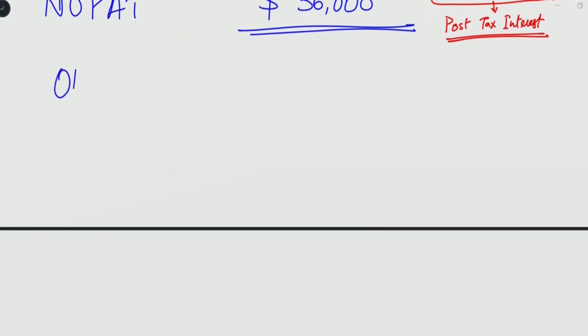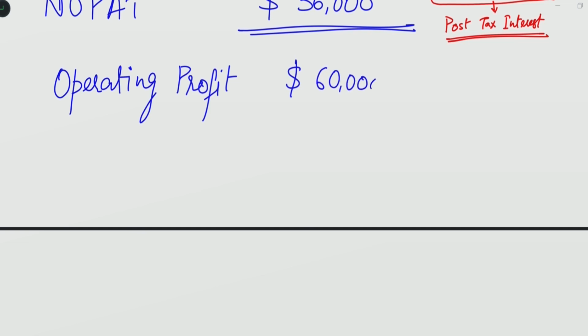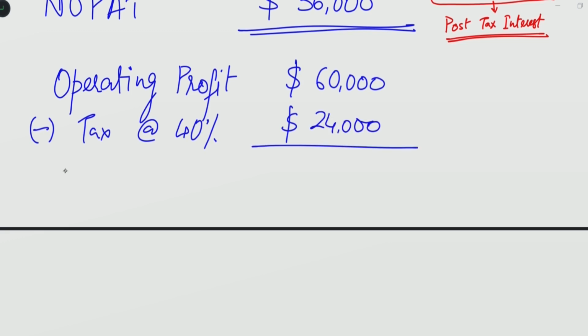I will write operating profit as $60,000, less tax at 40%, that will be $24,000, and tell me what remains is NOPAT, that will be $36,000.